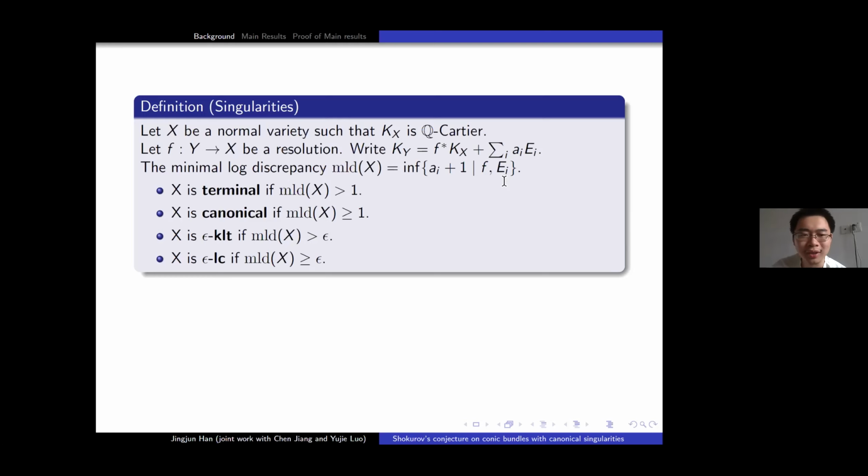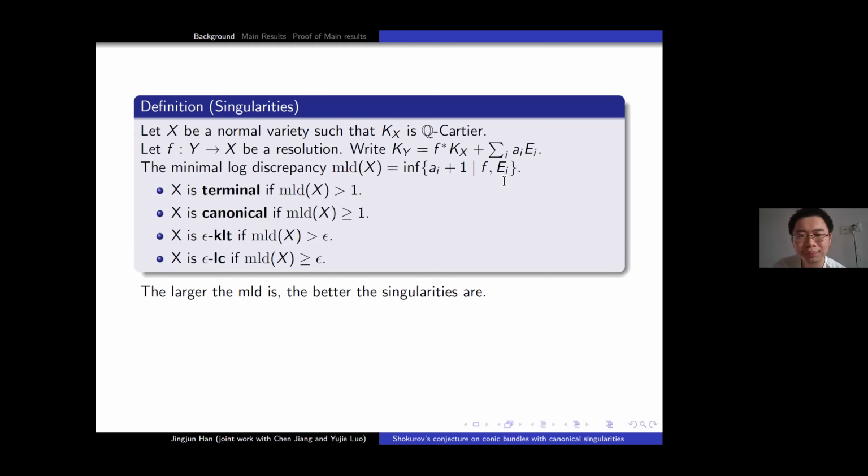These singularities appear naturally in the study of birational geometry. From the definition, we can see that the larger the MLD is, the better the singularities are.